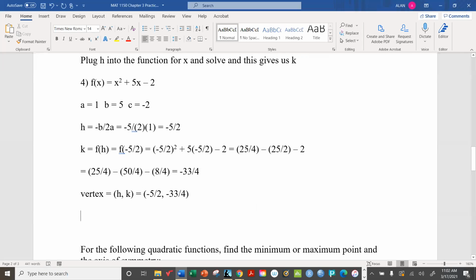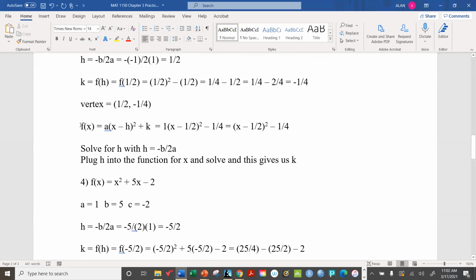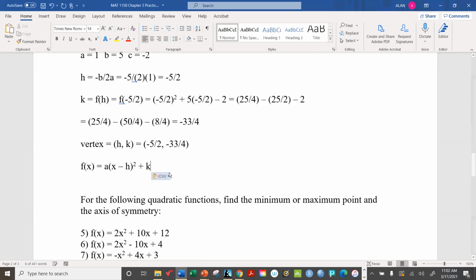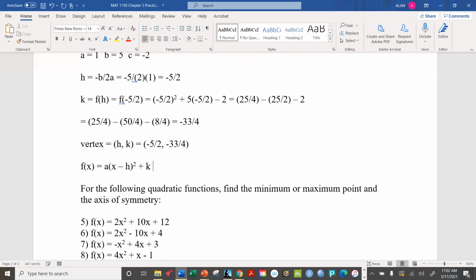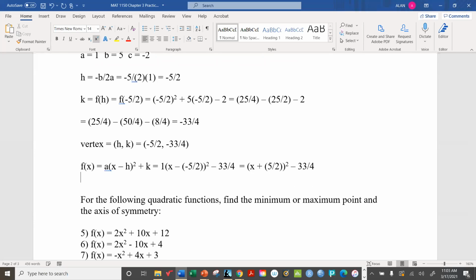And so the function that we need now to write this into vertex form will be, now A, remember, is 1, X minus 5/2 squared minus 33/4 because K is negative, or you can simply rewrite that as X plus 5/2 squared minus 33/4.